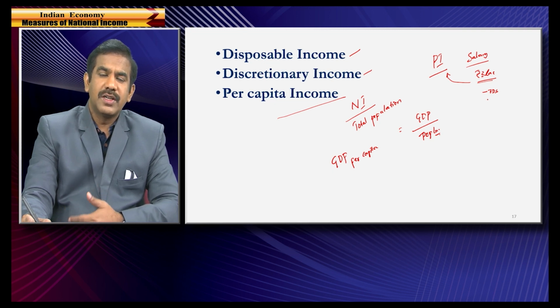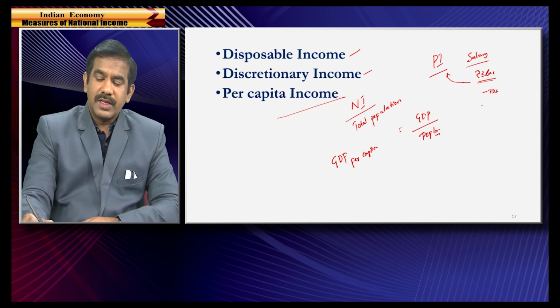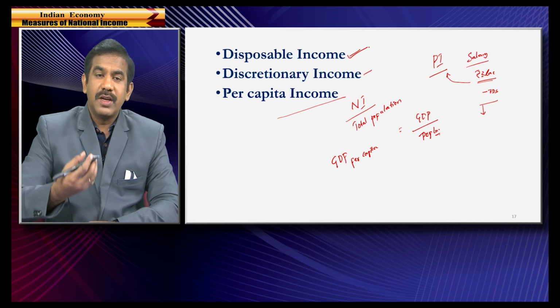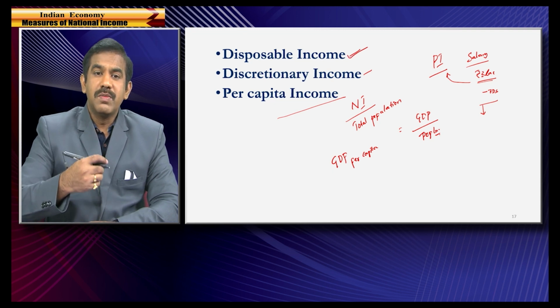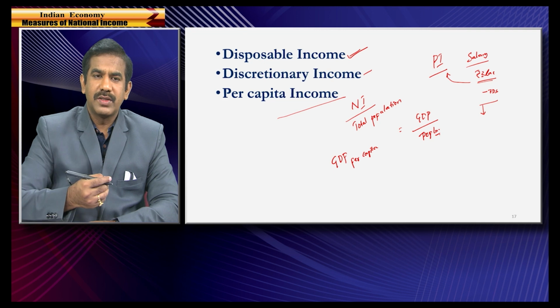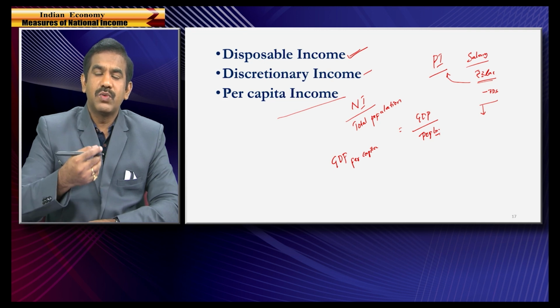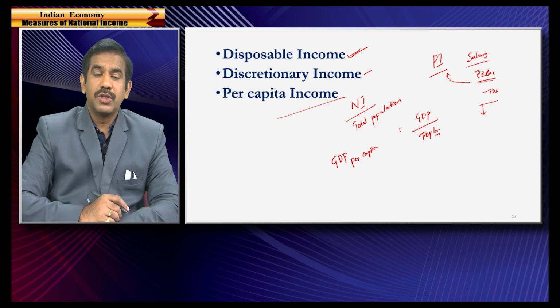After deducting the compulsory payments that I am liable to pay to the state, the rest of the money that gets credited into my bank account is what I call disposable income, the income at my disposal. Not all the income you make, because in this country you are liable to pay at least income tax if you are making an income of more than 2.5 lakhs. So there are some compulsory payments one has to make to the state. Deducting those compulsory payments from your personal income, whatever is left is what is called disposable income.